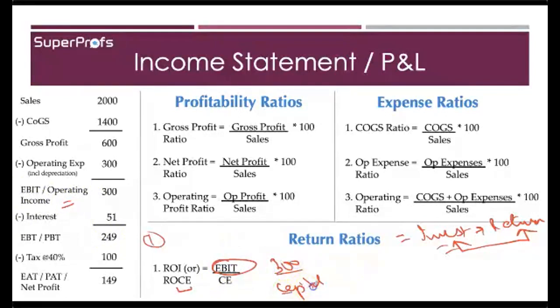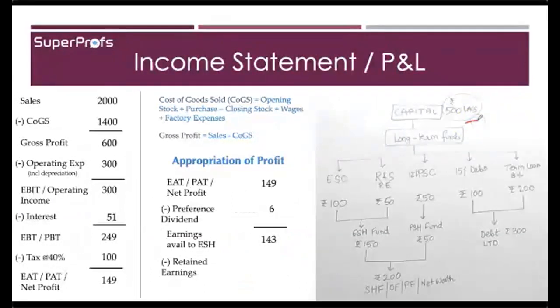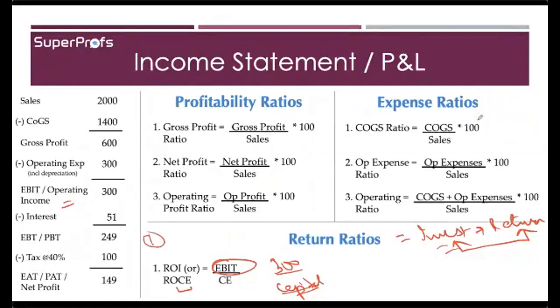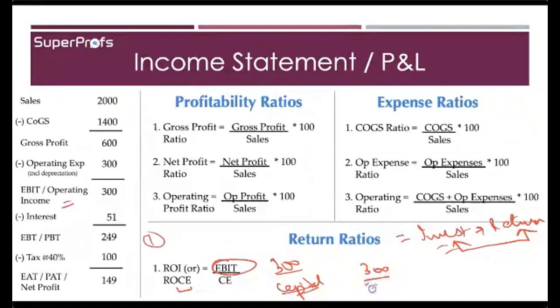So 300 upon capital. You remember in the last example we had taken capital to be 500 lakh rupees. So you will take 300 upon 500 and this will give you your return on investment.